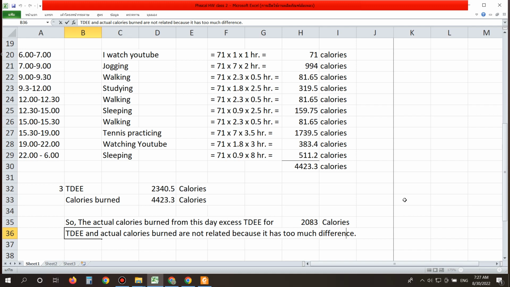In another example, if your TDEE is this one and your calorie burn is near, if you feel it's near, you can answer that it is related. You can say it's related because the difference is not too much.